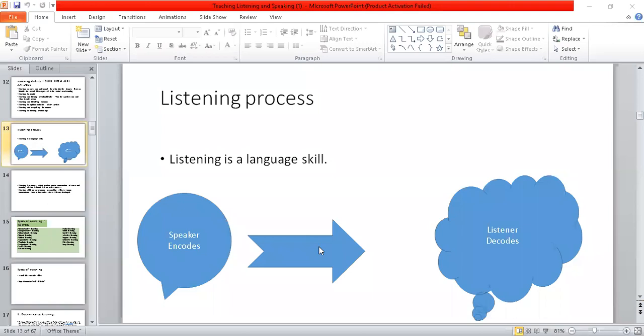Now, based on this, I'm going to give you an activity, but not now. Remember, listening is a process, and there should be a speaker and a listener who encode and decode, but there is a process in between. Based on that process, I'm going to give you a small activity towards the end, okay?